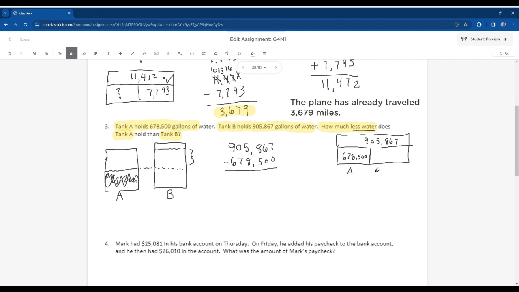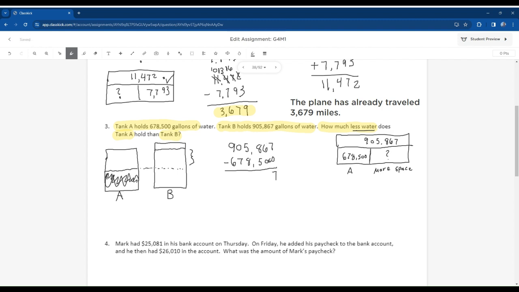And this is how much more liquid B can hold than A, which is what we're solving for. Again, need to subtract. 7 minus 0.